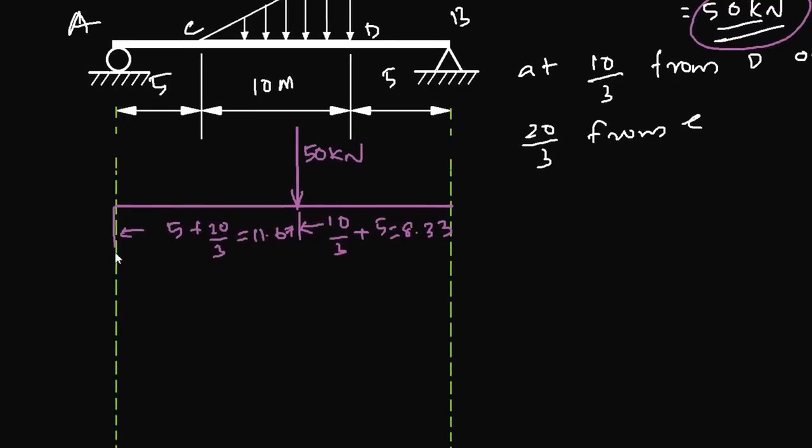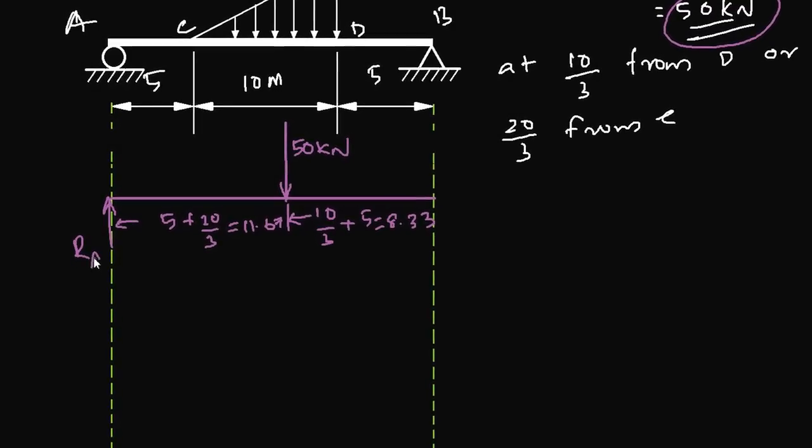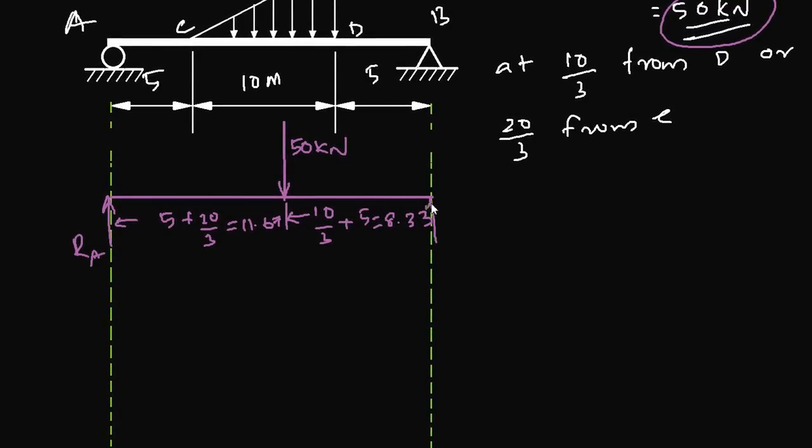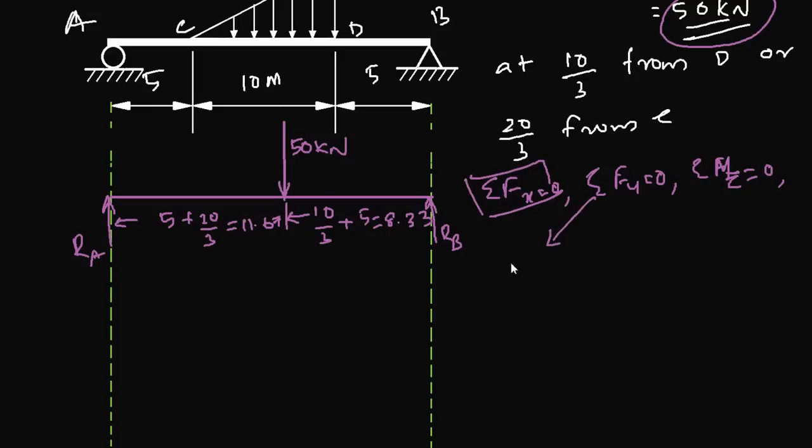And you will have your reactions at A and B. Now, using the equations for equilibrium, that is summation of forces in x direction equal to 0, summation of forces in y direction equal to 0, and summation of moments about z equal to 0, the x equation is cancelled because there is no force in x direction, and this will give you RA plus RB is equal to 50.